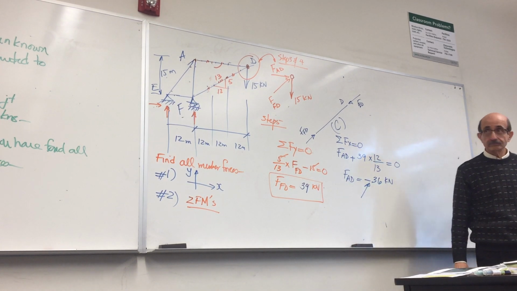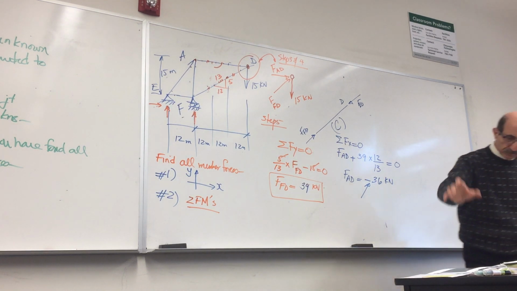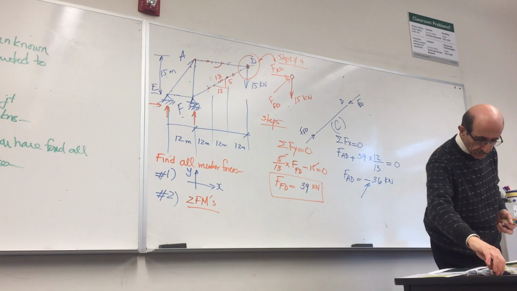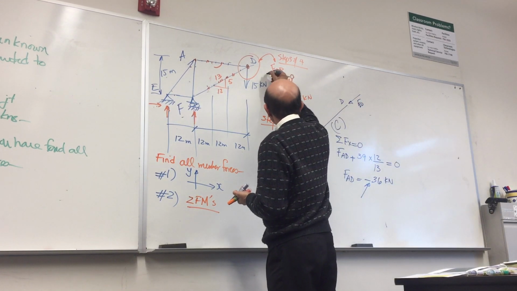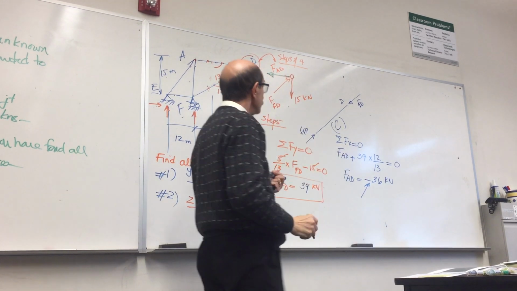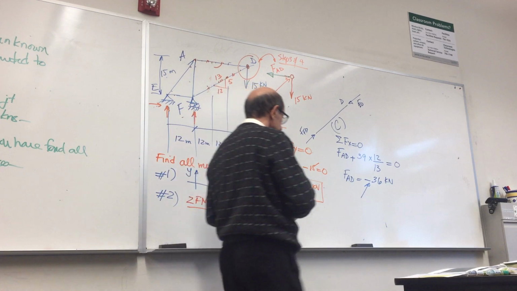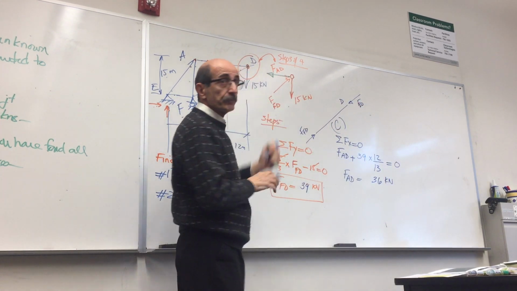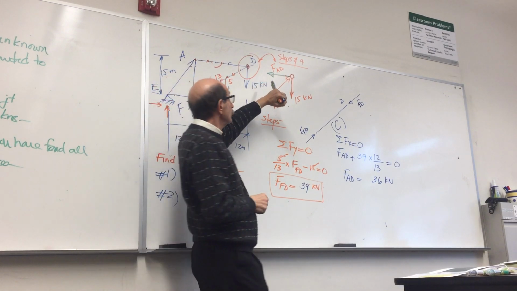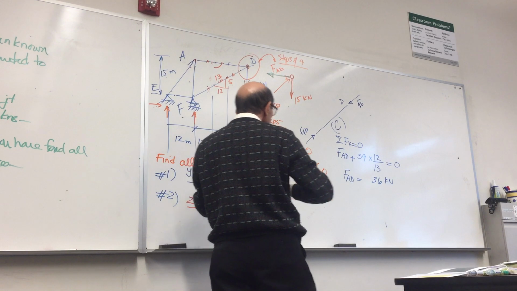That means what? The assumed direction is wrong. So very similar to what we had before. We started with an assumption. The assumption was wrong, so I have to make a correction here. So we're going to get rid of that. But look, this is the force coming from this member acting at this joint.